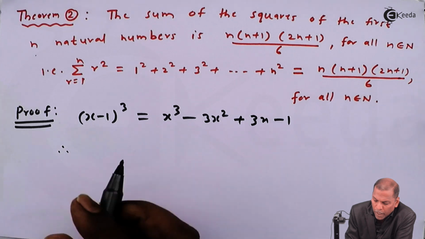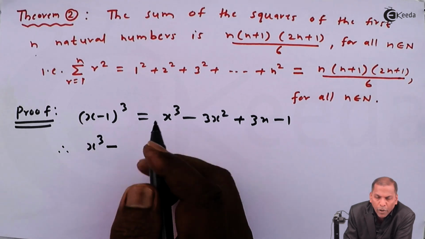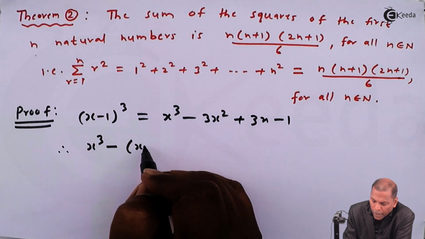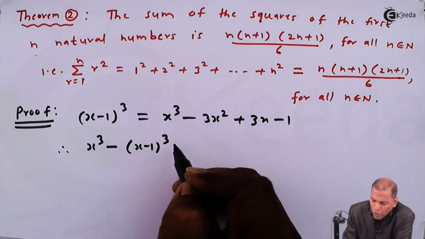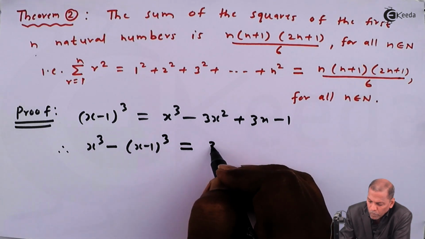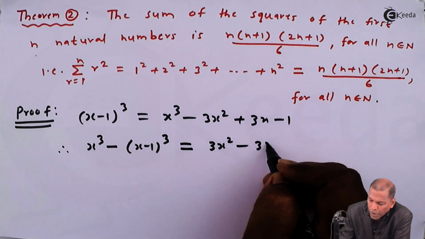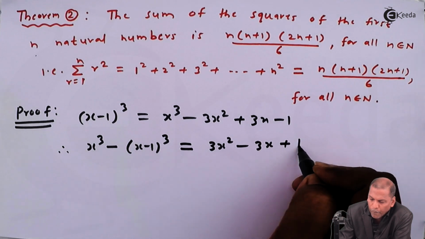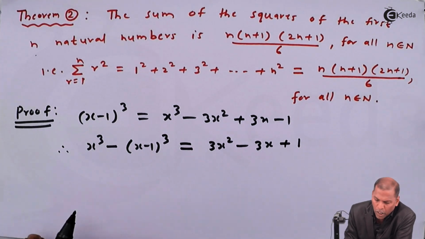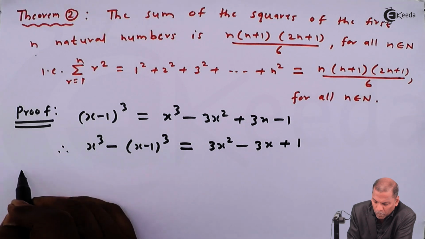So this formula can be written as x cube minus (x minus 1) the whole cube equal to 3x square minus 3x plus 1. Now in this formula we put x equal to 1, 2, 3 up to n.